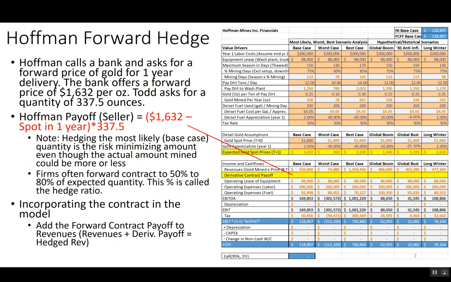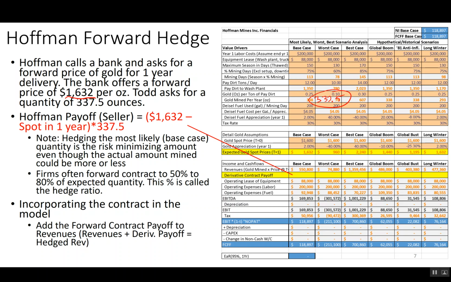So again, if Todd Hoffman were to enter into a forward contract to sell his anticipated 337.5 ounces of gold, that's what he expects to mine next year, and he negotiates a forward price of $1,632 an ounce. And we'll just pretend it's a cash settlement contract, because it doesn't really matter whether it's physical or cash settlement.